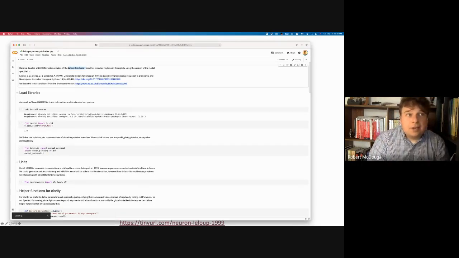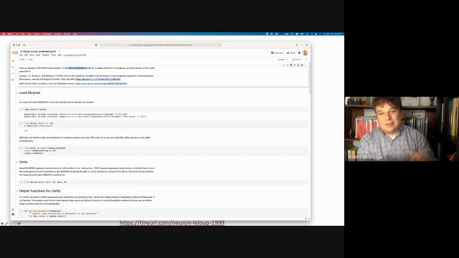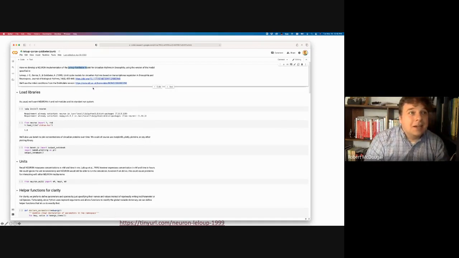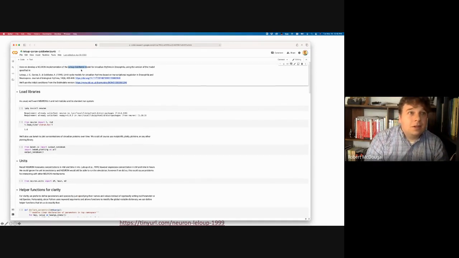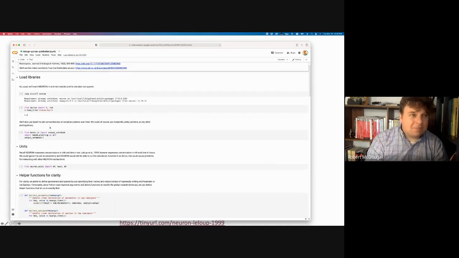So here's an example of, I'd mentioned circadian rhythms. It's actually how I got into neuroscience. The very first conference that I went to was Society for Research on Biological Rhythms. So it was a circadian rhythms conference. In any case, this is using the Leloup-Goldbeter model of circadian rhythms. This was a paper that was published, right? This is a very real model.